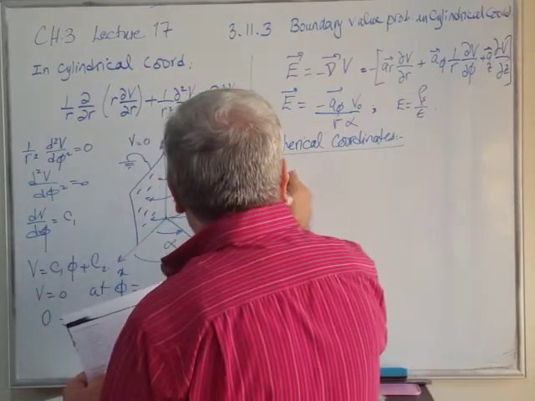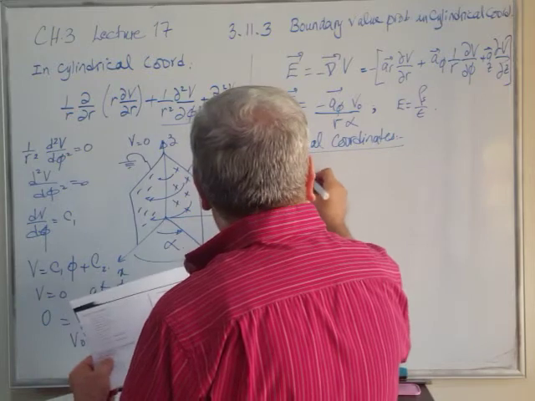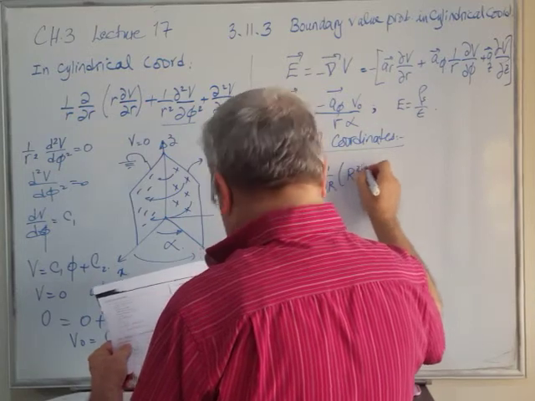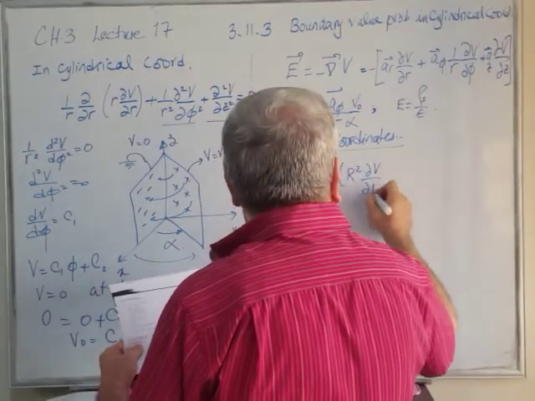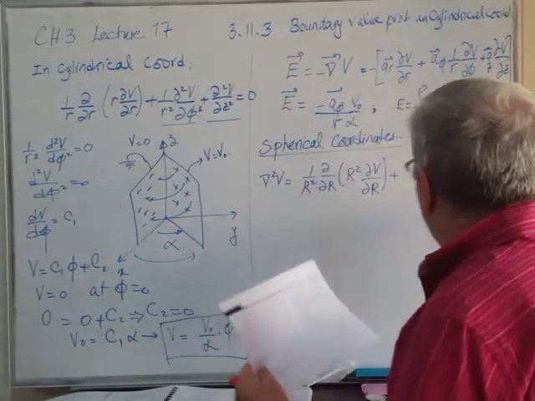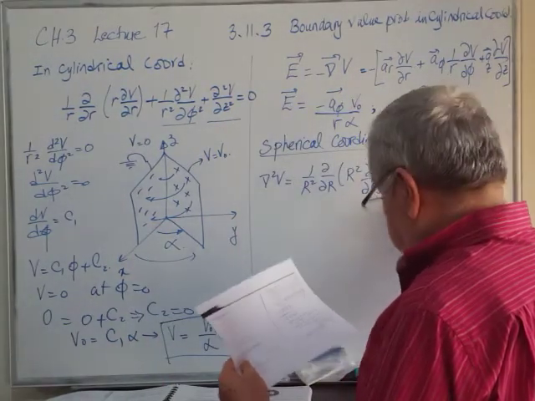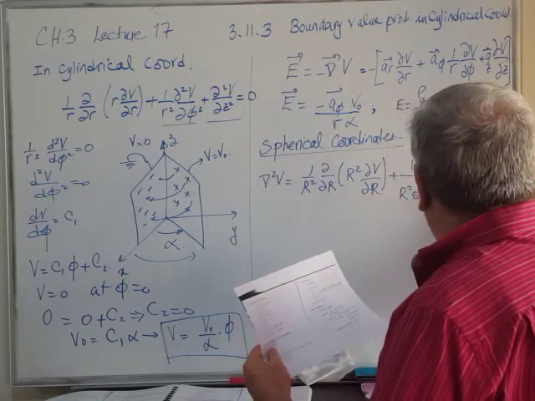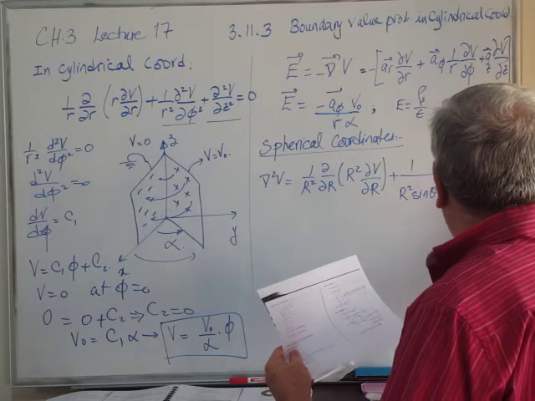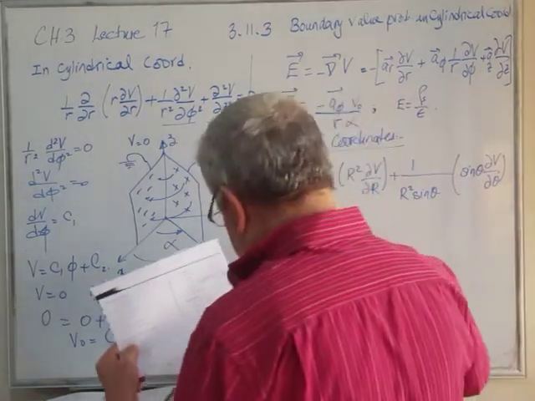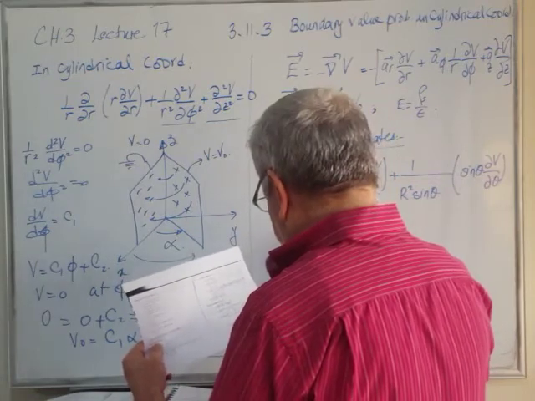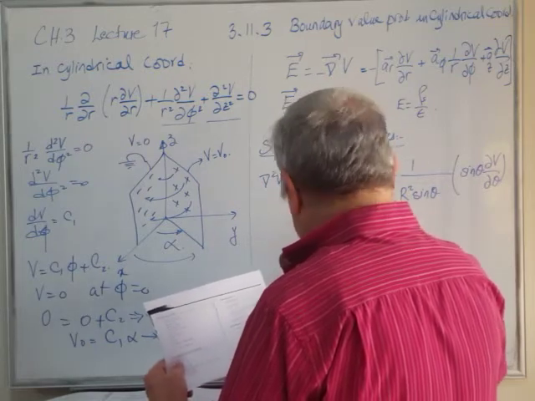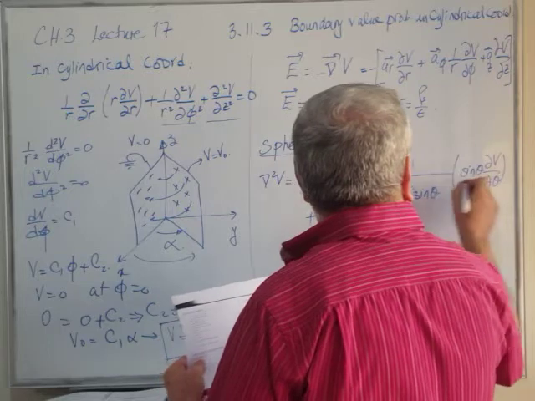Laplacian of V is equal to 1 over r squared del by del r of r squared del V by del r, that's the first term, plus 1 over r squared sine theta del by del theta of sine theta del V by del theta, plus the third term, which is 1 over r squared sine squared theta del squared V by del phi squared.